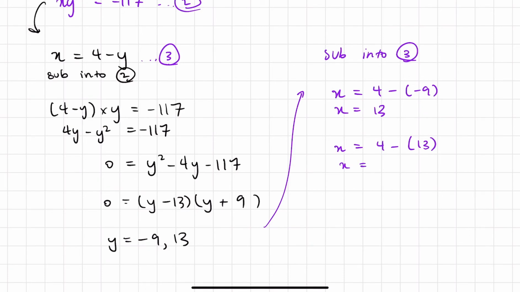And we also want to sub in 13, so 4 minus 13, which is negative 9. Now that we have these answers everywhere, make sure to clean it up. So we've got this, this, and this. And make sure when you write the answers for this question that you pair them together.